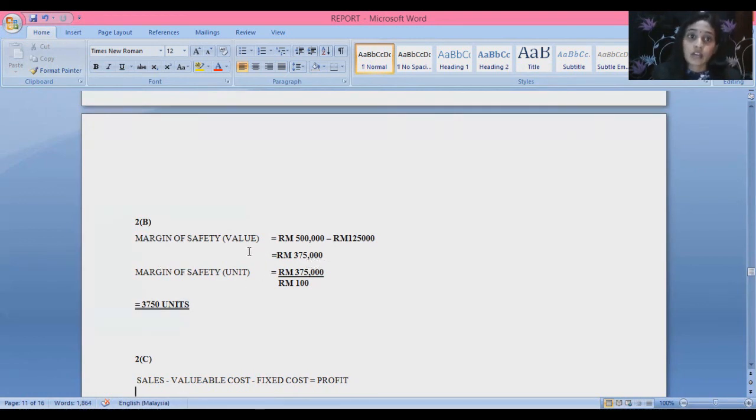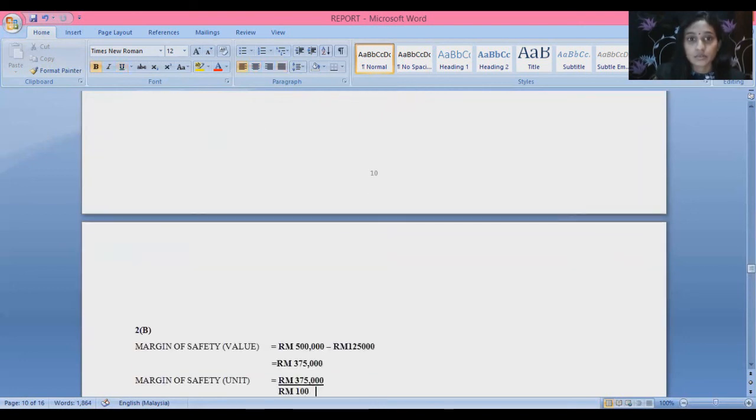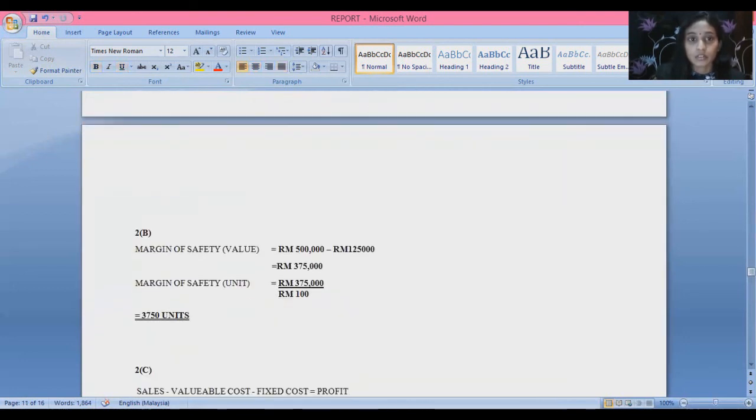This is in value, and for the unit you need to divide the value that you get, which is 375,000, divided by 100. The 100 you get here, selling price. So once you divide, you will get 3,750 units.